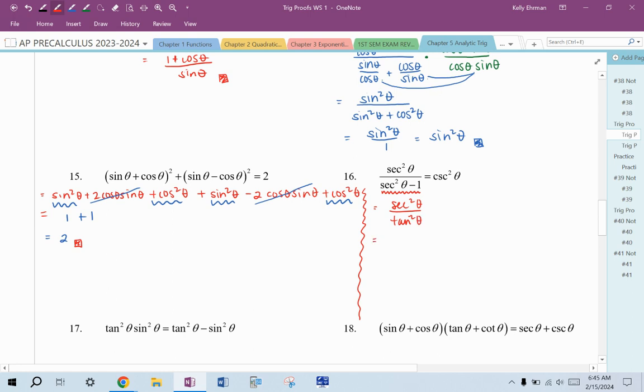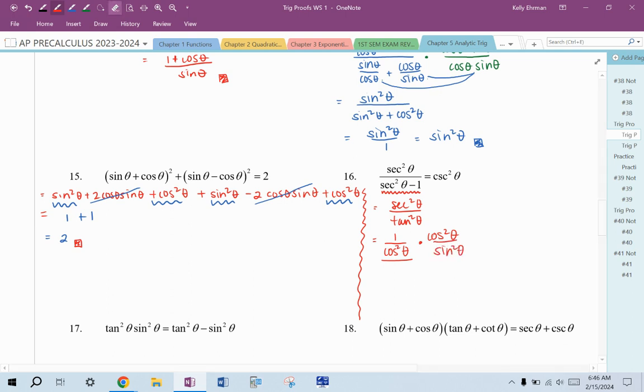And then I'm going to rewrite things in terms of sine and cosine. I'm trying to get it to be 1 over sine squared to make it cosecant squared. So 1 over cosine squared theta over sine squared theta over cosine squared theta. Now, when I show my work for this, I usually don't do a fraction over a fraction. Instead, if it's just divided by something like tangent squared, instead of saying divided by sine over cosine, I multiply by cosine squared over sine squared.